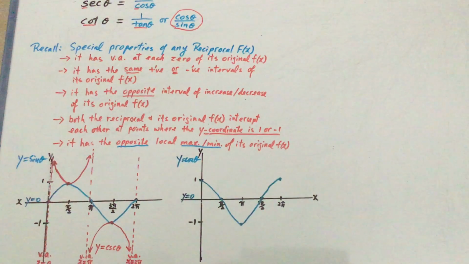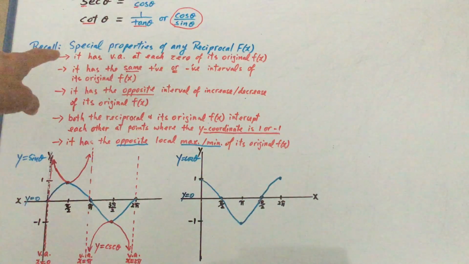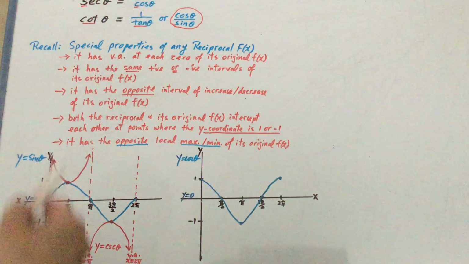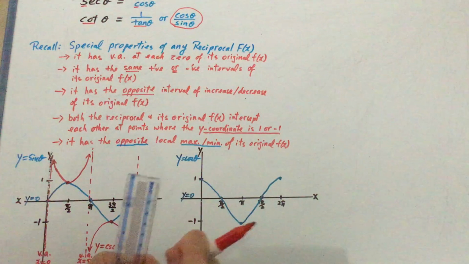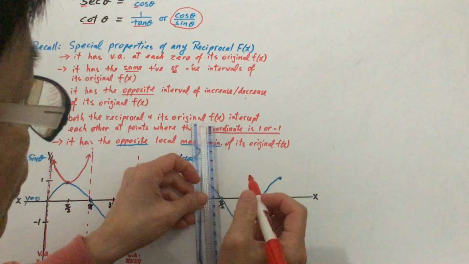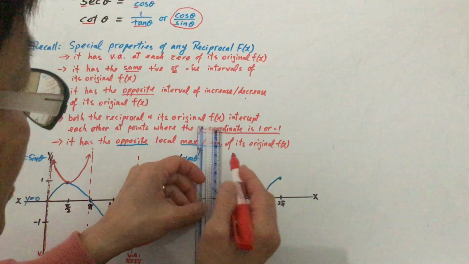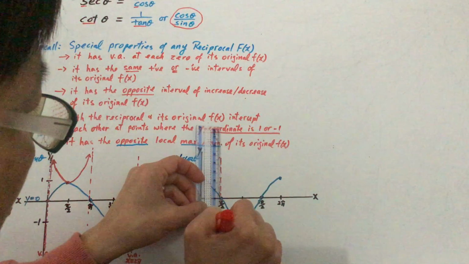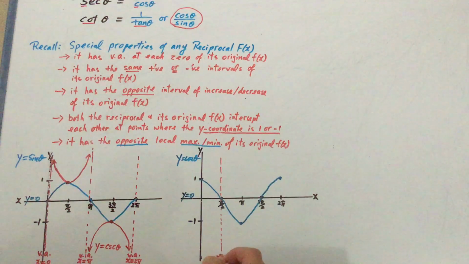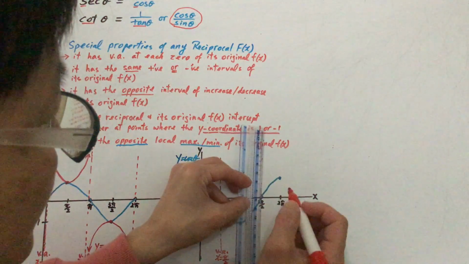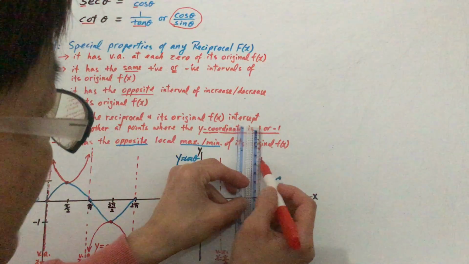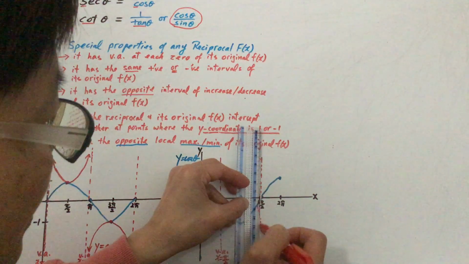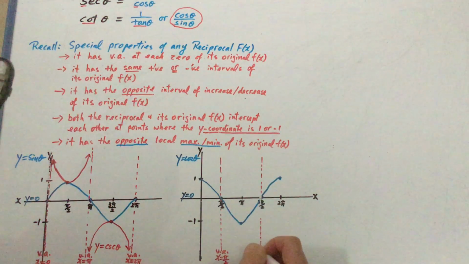Now, if I'm going to match all of those special properties for the reciprocal, first I'm going to identify where the 0 of this function is. So I'm going to put in my red broken line along x equal to pi over 2, because this is where the first VA is. And the second VA, the vertical asymptote, is happening at 3 pi over 2.